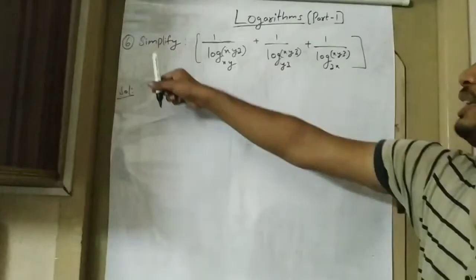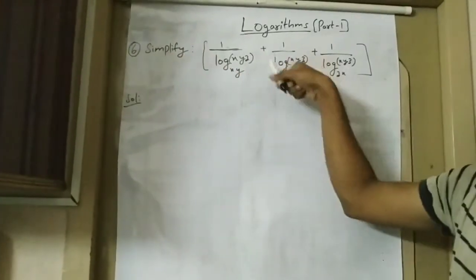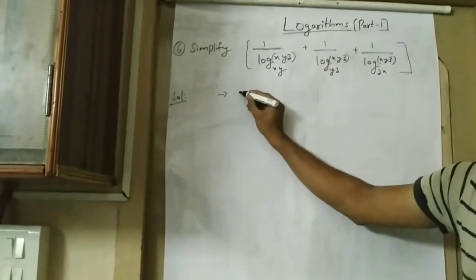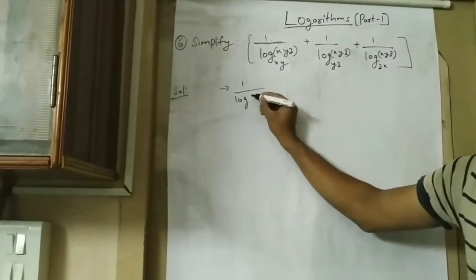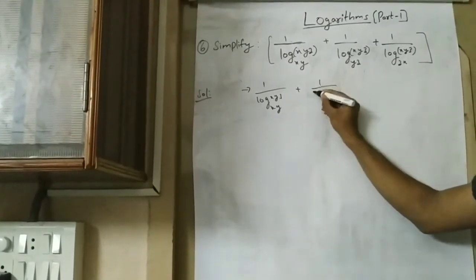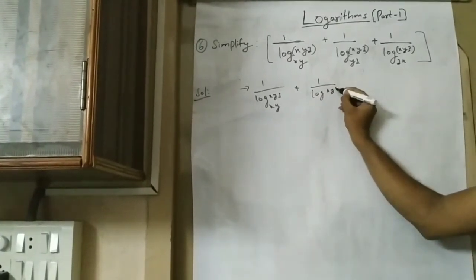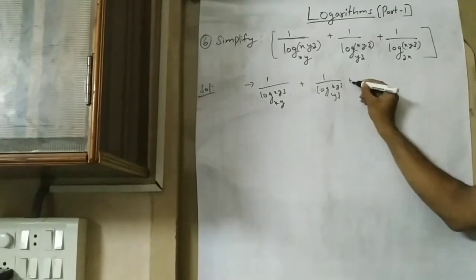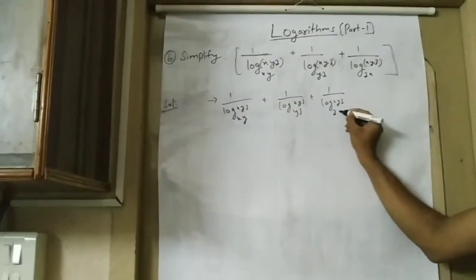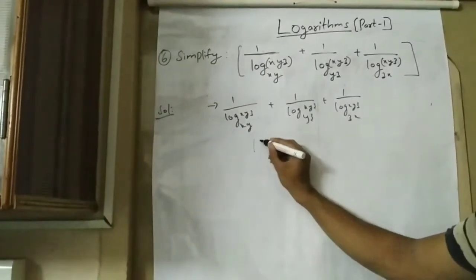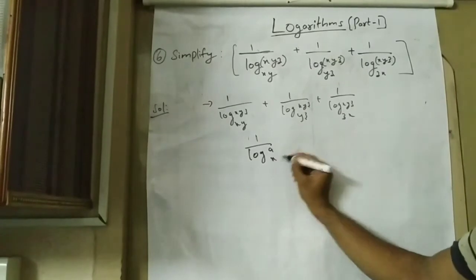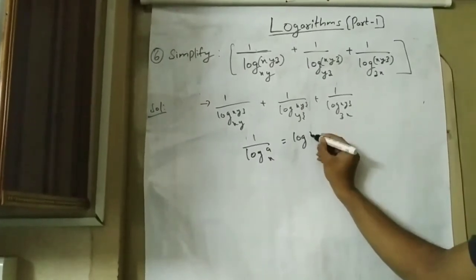In the sixth question it is given as simplify this term. In the question it is given as 1 by log xyz base xy plus 1 by log xyz base yz plus 1 by log xyz base zx. We know the formula 1 by log a base x is equal to log x base a.